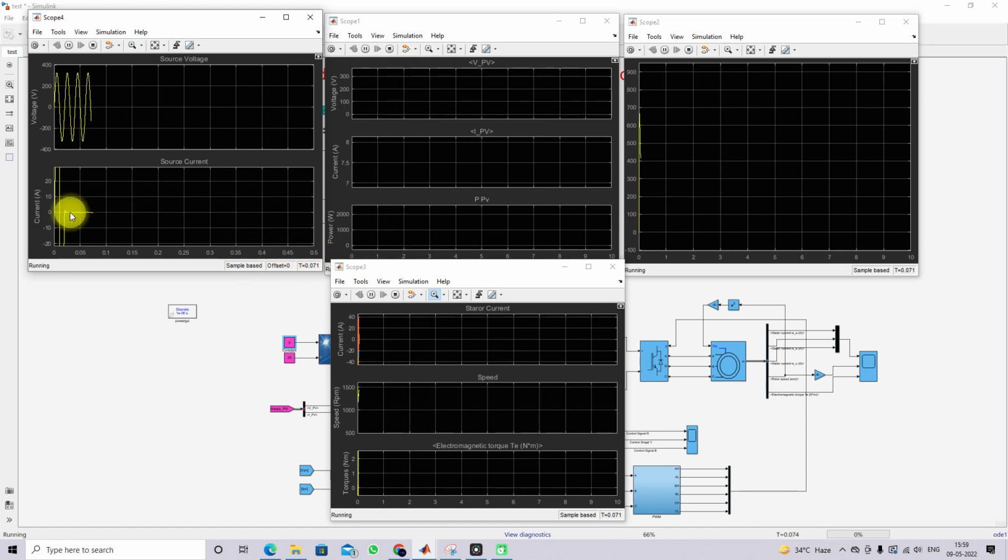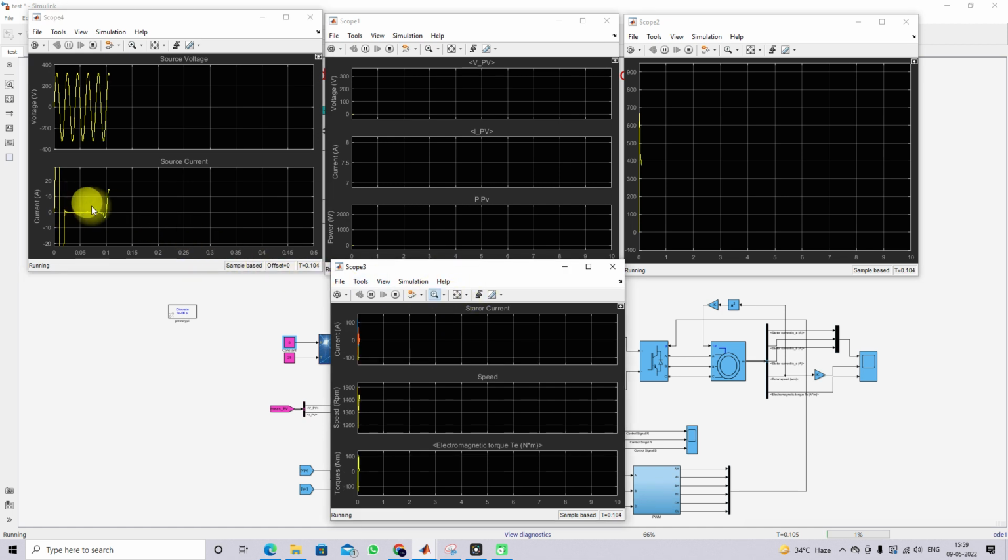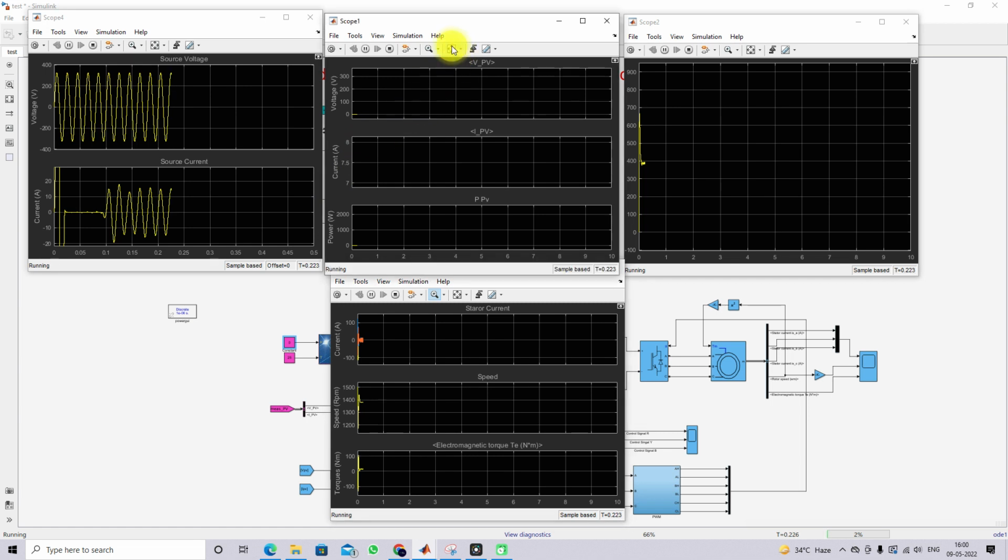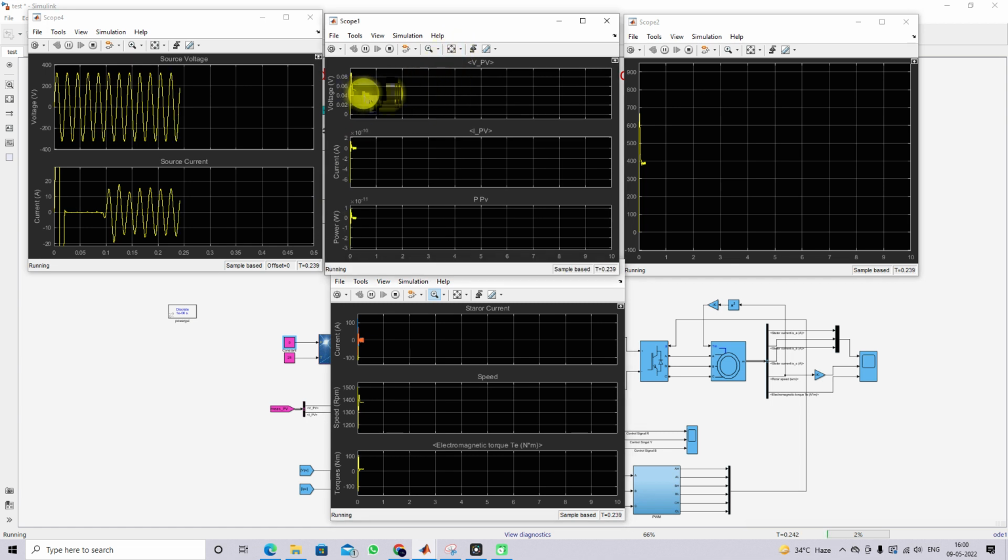So now you can see that the source voltage and source current, the source is supplying power to the induction motor, right? You can see that it starts supplying the current. Okay, the current it's supplying is around 15 amps peak, right? Here you can see that the PV voltage is 0 and PV current is 0 and then PV power is 0, right?